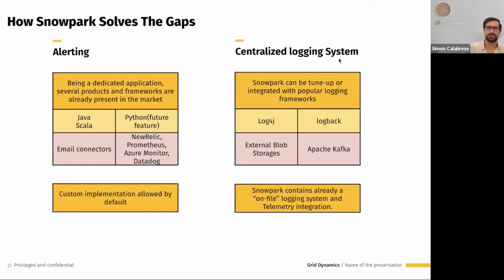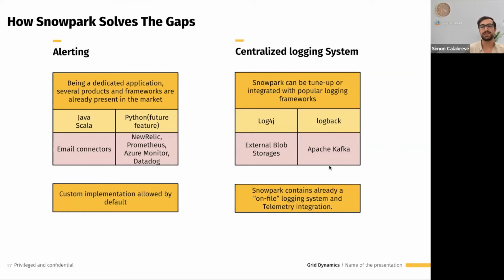Centralized logging system. Log4j and Logback are just two examples. These two frameworks, these two libraries, are already integrated with in-file logging and external blob storage. So if you want to log directly on your Google Cloud Storage or on your S3, Log4j, Logback, or other frameworks already have the implementation for it.